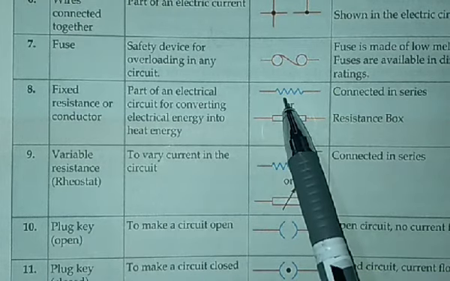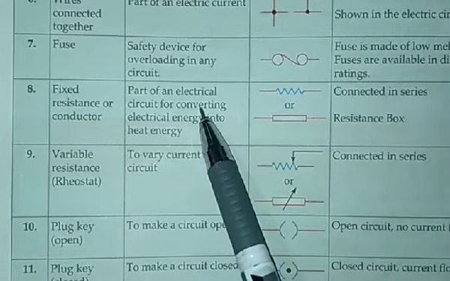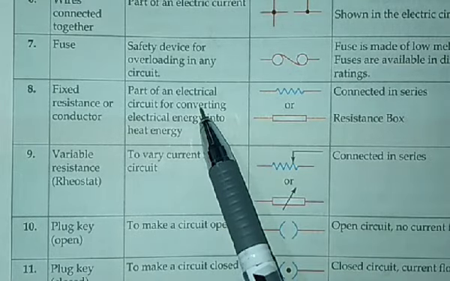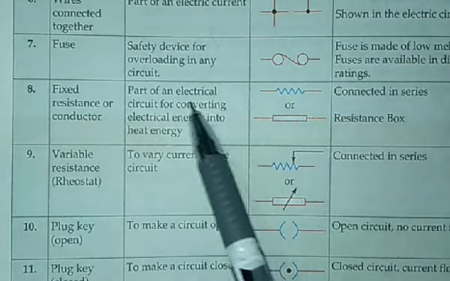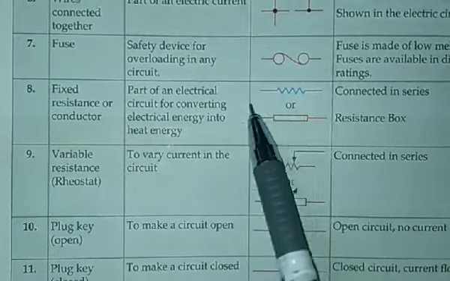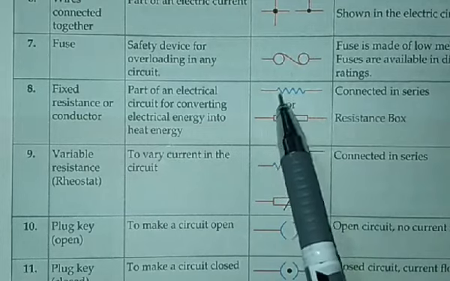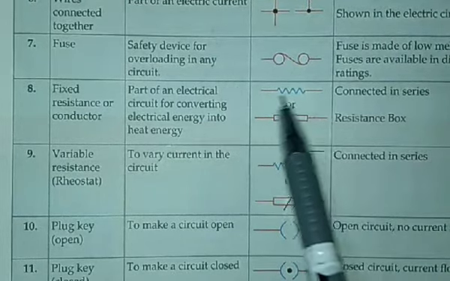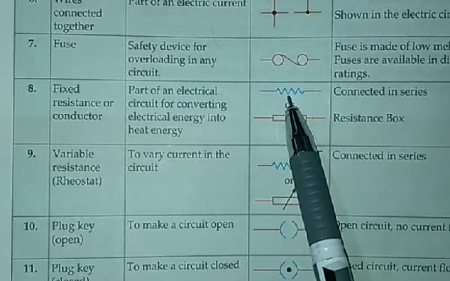This is the symbol for resistance. For example, if you want to get a 50 ampere current from a device, but if you have more resistance in the wire, then instead of 50 ampere, you will get 20 ampere or 30 ampere.